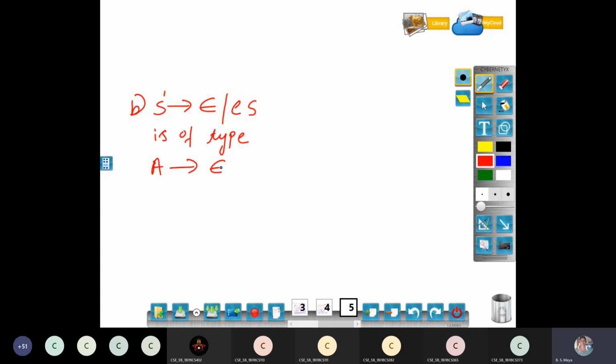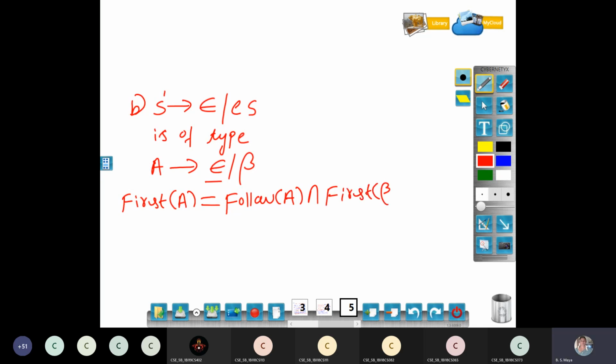A derives epsilon. A derives alpha or beta. Then you have to apply the formula for the third rule: first of alpha should be equal to what? Follow of A intersection first of beta. Is it right?